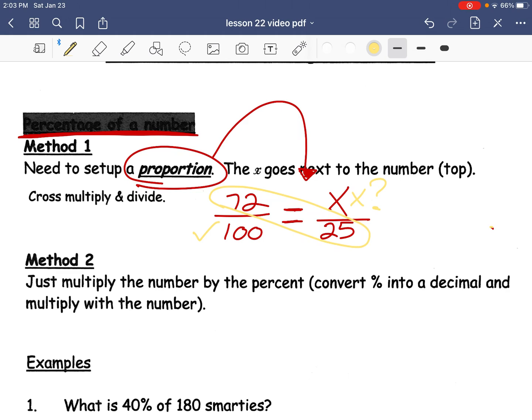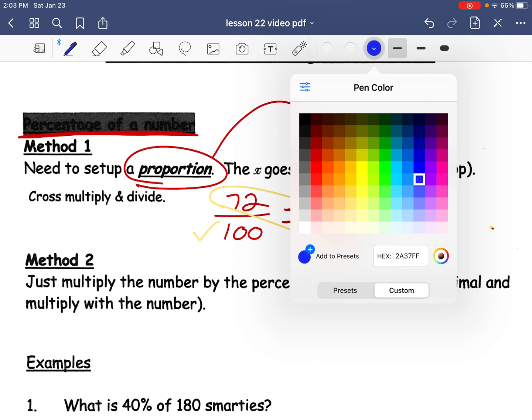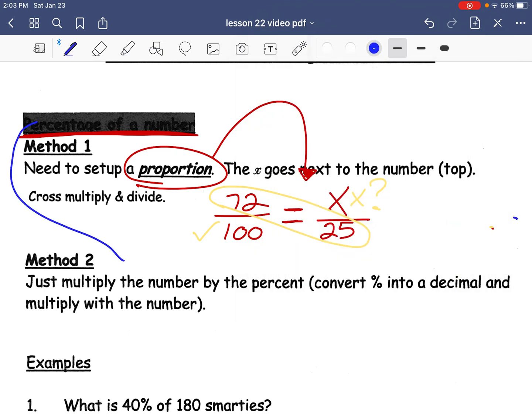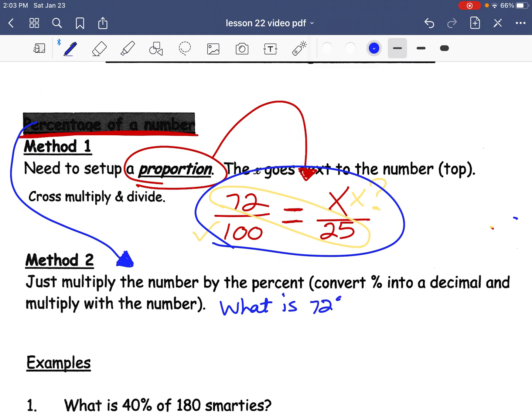Now, when they are asking you for a percent of a number, you can also do this very easily on your calculator as a one-step thing. You don't have to set up like we did up here. We're going to use the same numbers. Maybe they're asking you what is 72% of 25.